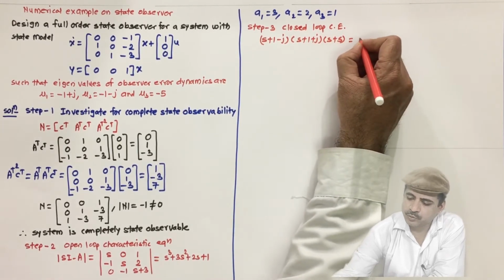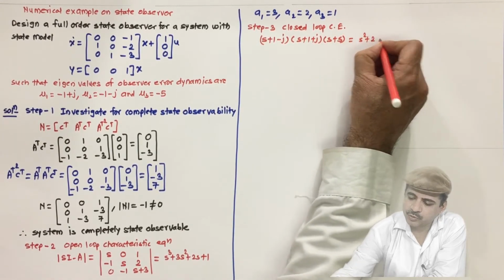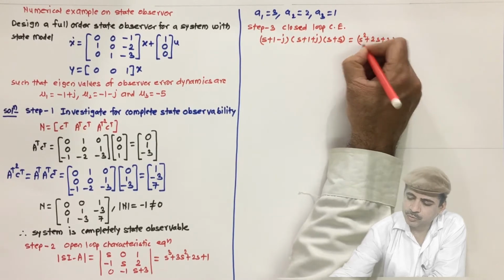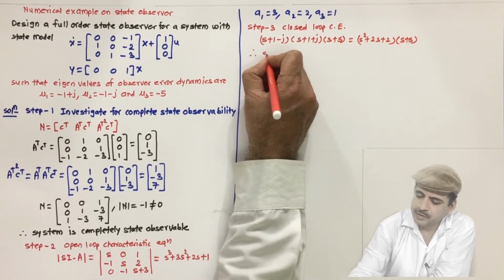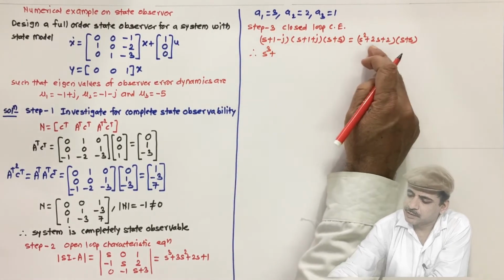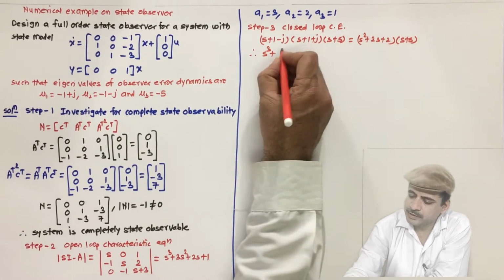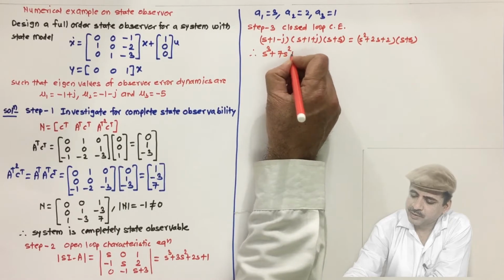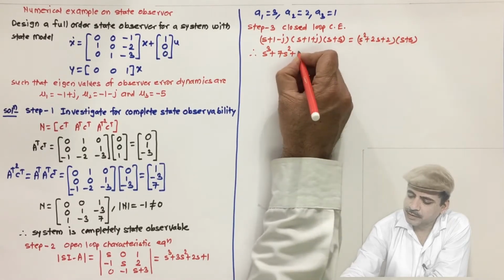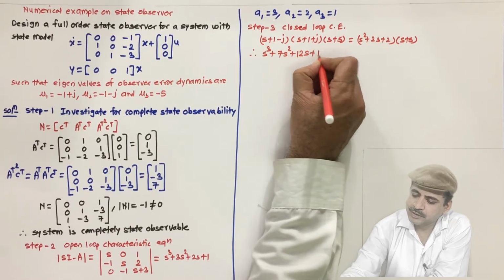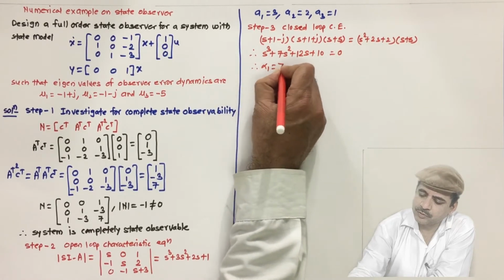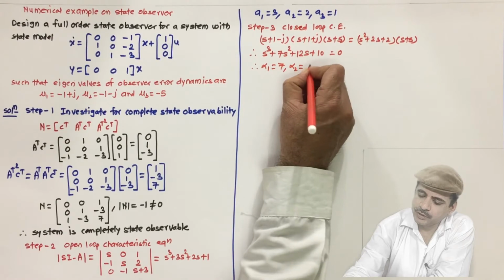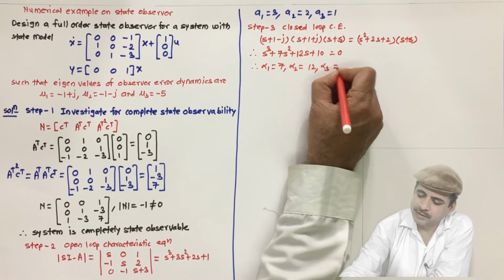This is equal to (s square plus 2s plus 2) multiplied with (s plus 5), so s cube plus 7s square plus 12s plus 10 equal to 0. That gives me alpha 1 equal to 7, alpha 2 equal to 12, alpha 3 equal to 10.